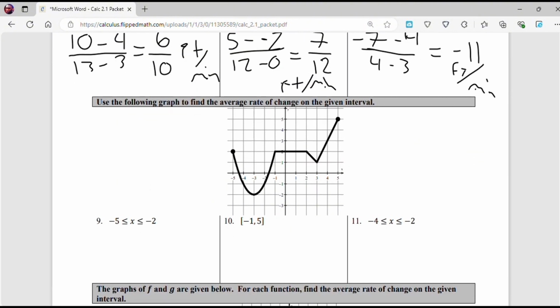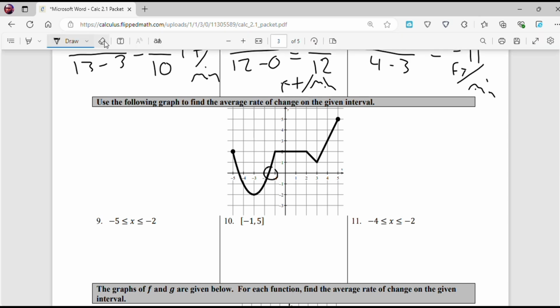Alright, now we have a different kind of average rate of change question. We have a graph and we have the same thing here, the intervals. So all we've got to look at is the graph at these points. What is their value, the function value? So negative 2, we have, sorry, no, that's not right.